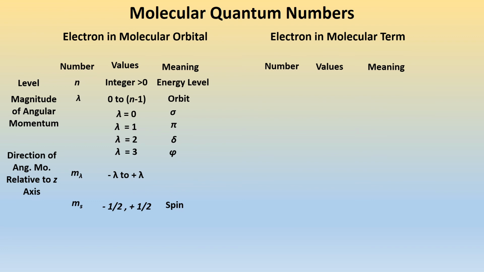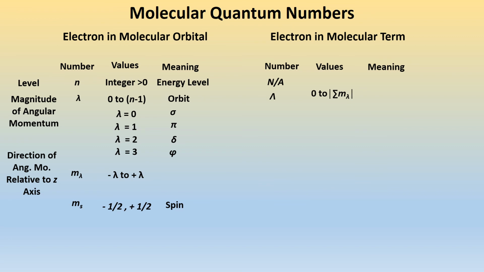Again, the energy levels of the electrons are not significant in the term. The quantum number, instead of a capital L, is now a capital lambda to describe the term. This can have all values from 0 up to and including the absolute value of m sub lambda.